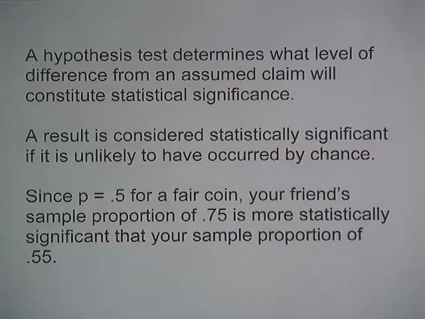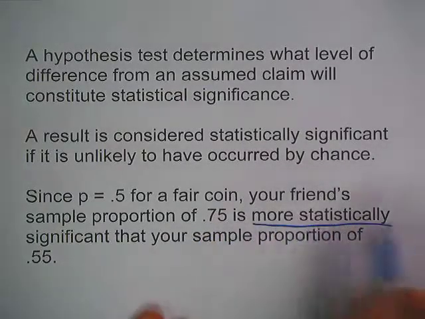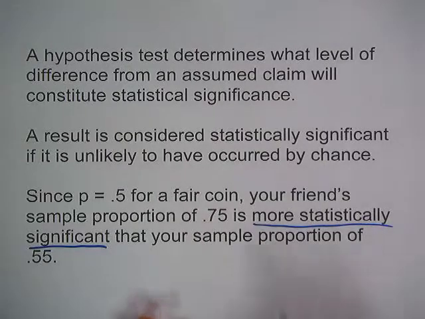So if we were to run a hypothesis test for both the 0.55 sample proportion and the 0.75 sample proportion, since p equals 0.5 for a fair coin, your friend's sample proportion of 0.75 is more statistically significant than your sample proportion of 0.55.